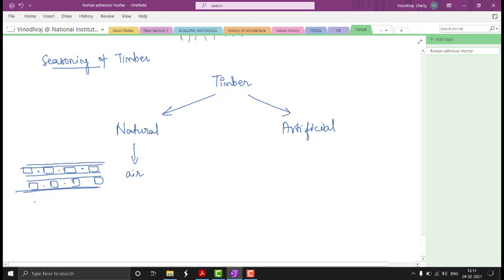When air flows through this, there is a movement of air. It basically absorbs the moisture from these woods, and they are seasoned through the flow of air. This is natural seasoning.